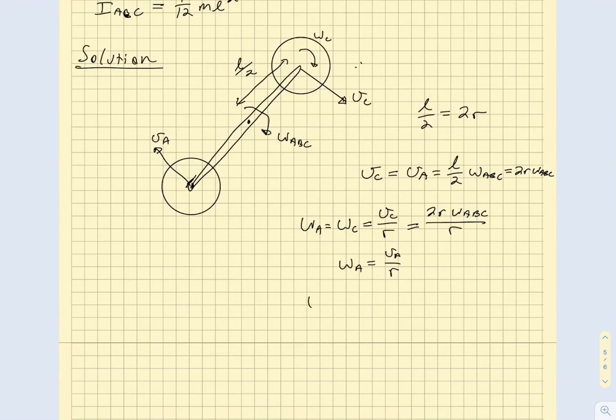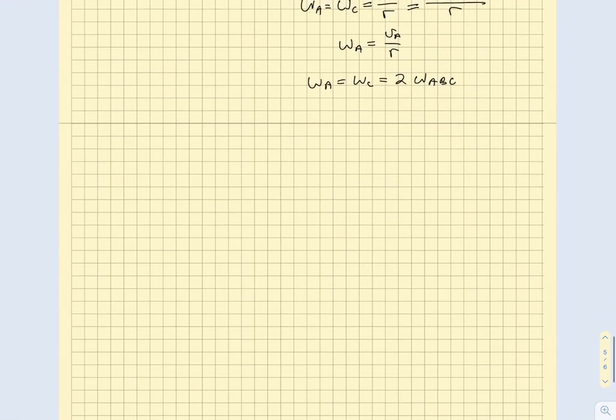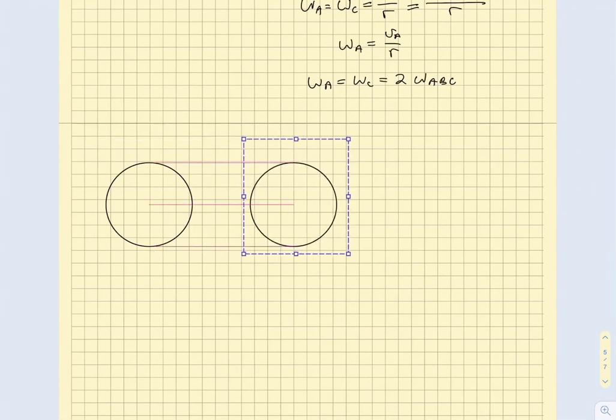So to make this really simple, VC just becomes 2r omega ABC. And since the velocities are the same here, this is equal to 2r omega ABC over r. Or you could say that omega A equals omega C equals just 2 omega ABC. That really helps out here for our analysis.